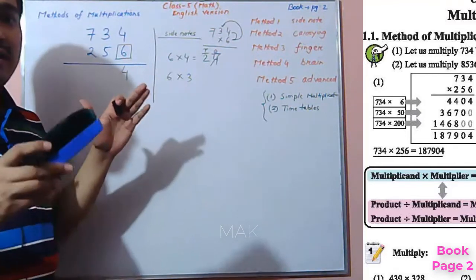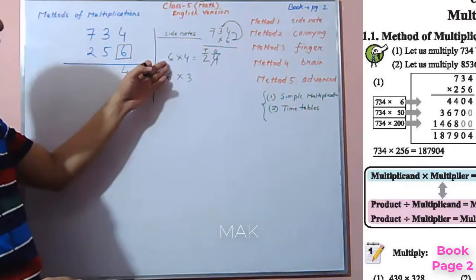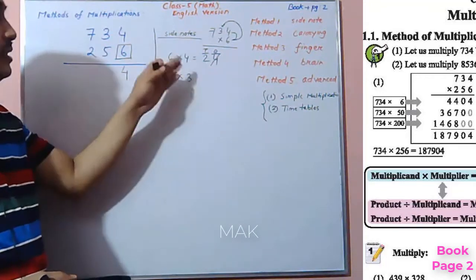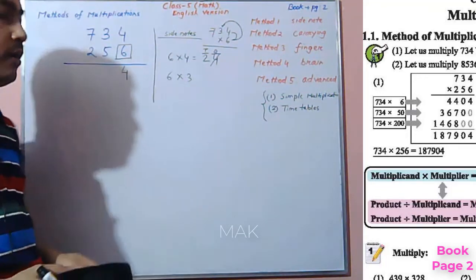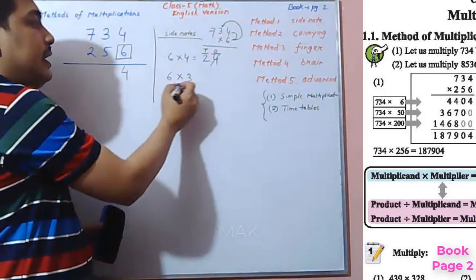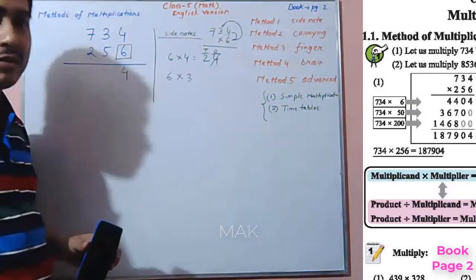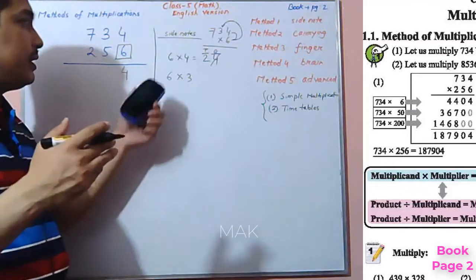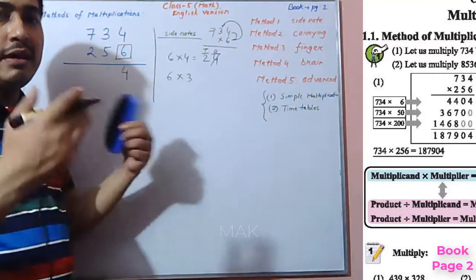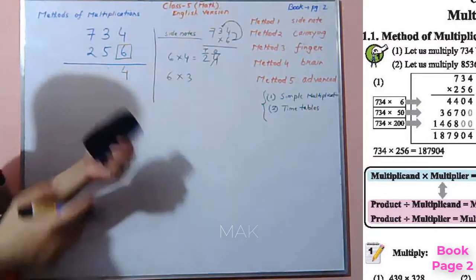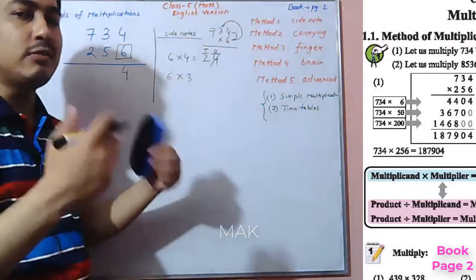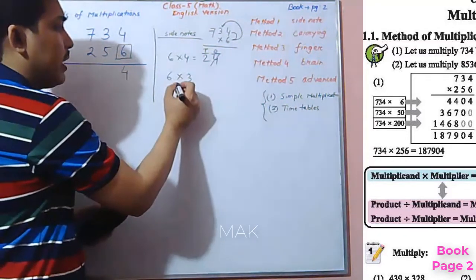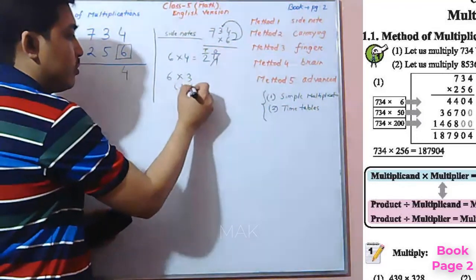But it is advisable to write this 6 first, so it will be easy for you to follow. Here we are writing 6 3s are what? But if you think the timetables of 3 is easier for you, then you can calculate 3 6s also.